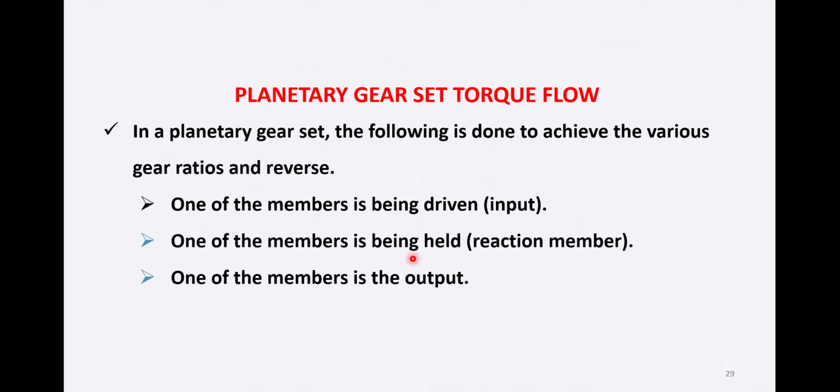One of the members is being held, so one of the other two should be held. If we are giving input to the sun, either way we can have this reaction member, maybe the pinions or the ring. And one of the members is the output. If we are holding the pinions here, then the output will be achieved from the ring gear if we are giving the input to the sun.